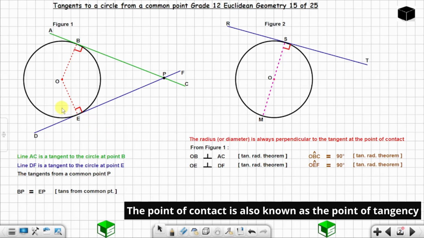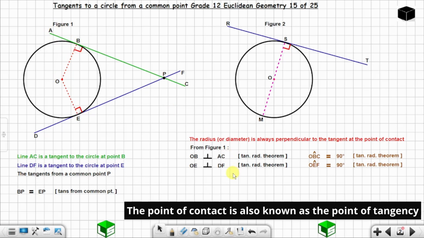Or you can say angle OED is also equal to 90 degrees. The reason is tangent radius theorem. Okay, this angle is also 90 degrees, angle OED, or this angle OBA.